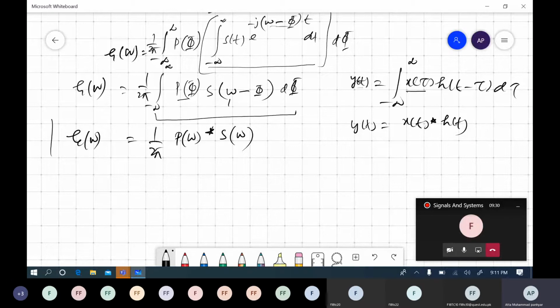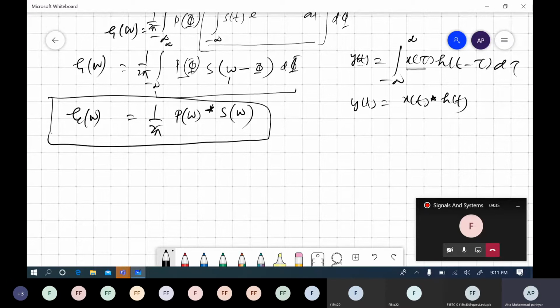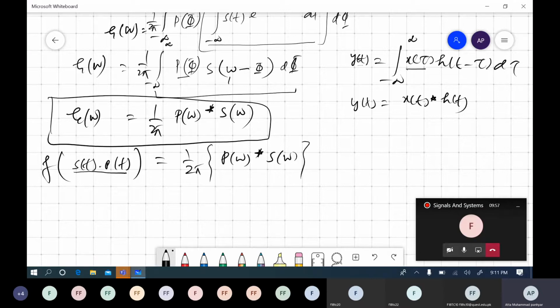In the last class we discussed this. In other words, we can say the Fourier transform of s of t times p of t, that means multiplication in time domain, is equal to convolution in frequency domain of the signals, right?